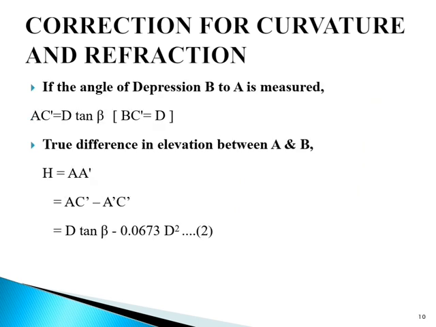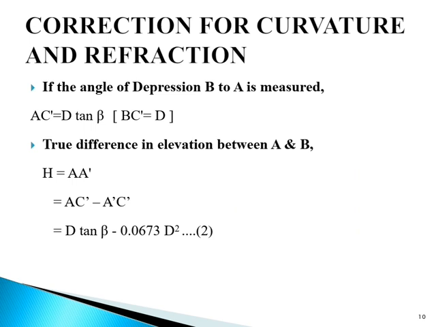Next, if the angle of depression from B to A is measured, then AC dash is equal to D tan beta, where BC dash is equal to D, which we have already seen. Next, the true difference in elevation between A and B, H, is equal to A dash.